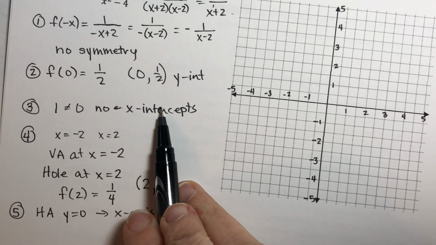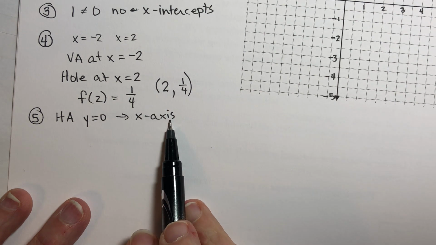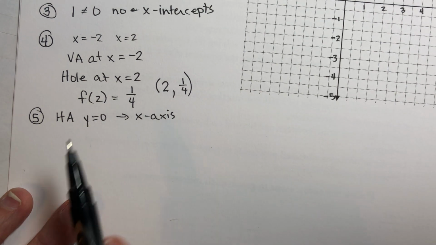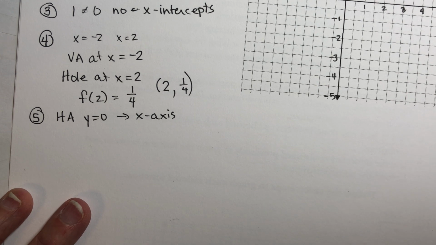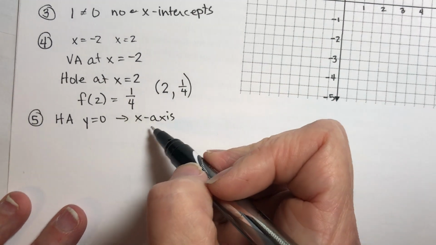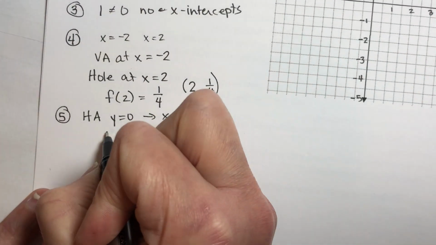This happens whenever your horizontal asymptote is the x-axis. If we had y equal to 3 or any other horizontal asymptote, I would really need to check to see if it crossed. All right, so since this would be our x-intercepts, and we have no x-intercepts, we never cross it.